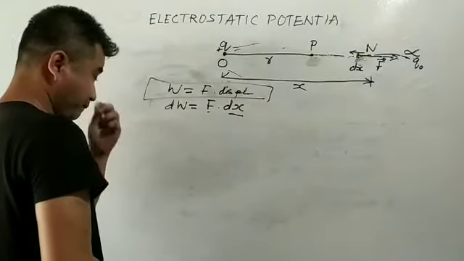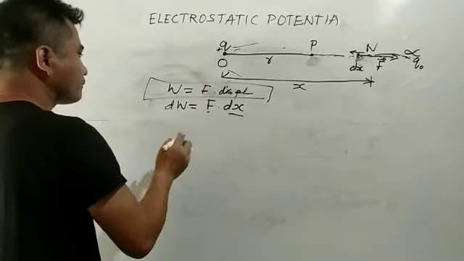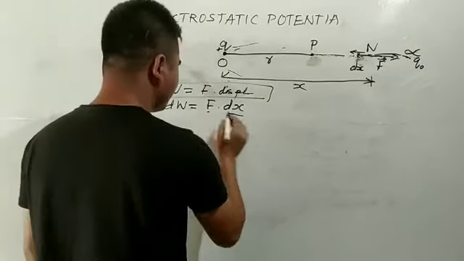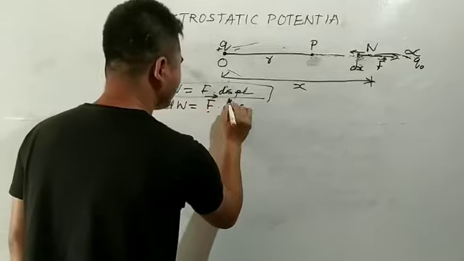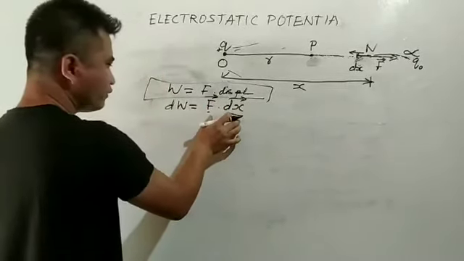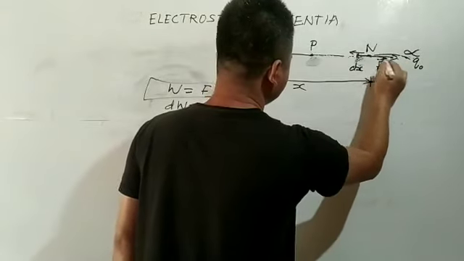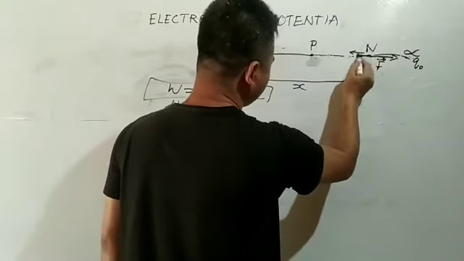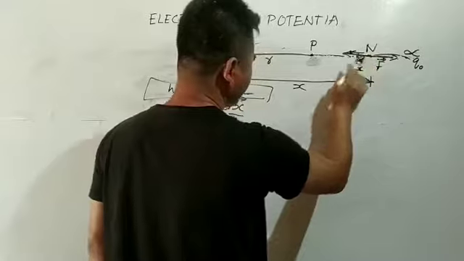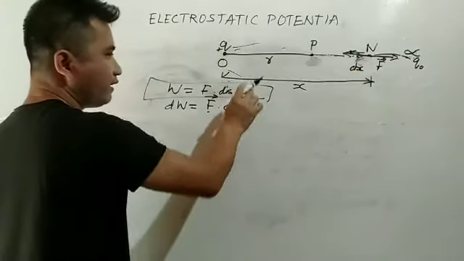So see, force is a vector quantity, because it has direction. The force direction is this side and the displacement is in this direction, so they are opposite.